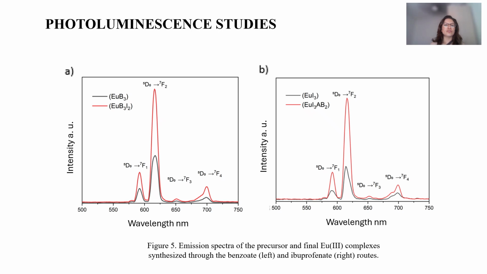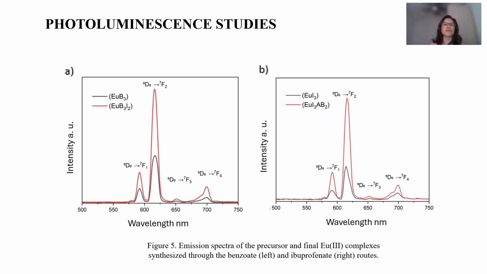Finally, for the photoluminescent studies, the luminescent properties were evaluated through emission spectroscopy. All synthesized compounds display the characteristic emission bands of europium, dominated by the 5D0 to 7F2 transition responsible for the intense red emission. However, significant differences in emission intensity were observed among the synthesized complexes.